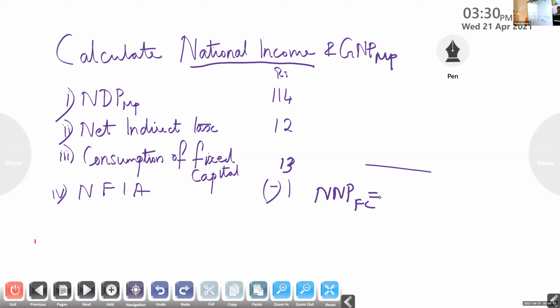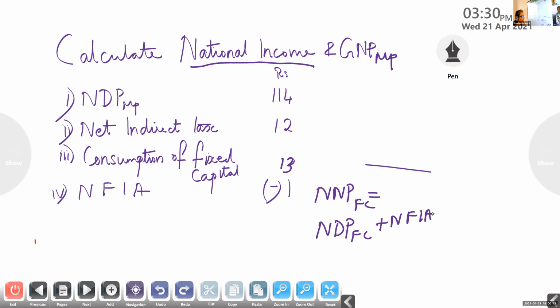See, it's all linked here. They have not given you the things directly. They have asked you the question. You have to calculate NNPFC. And that formula is what now? NDPFC plus NFIA.